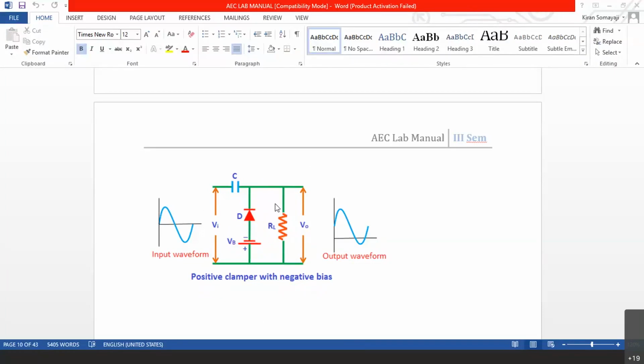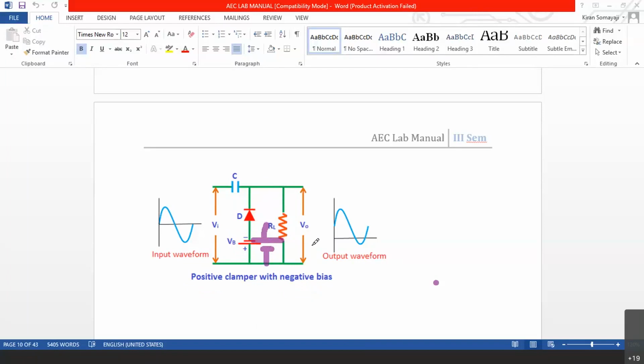I'll write it here. See, instead of this negative terminal, if this side is a positive terminal like this, and if it is 2 volts, then always the diode will be conducting, right? Always when the diode is conducting, ignoring the voltage drop across the diode, always this DC voltage will be across the output.